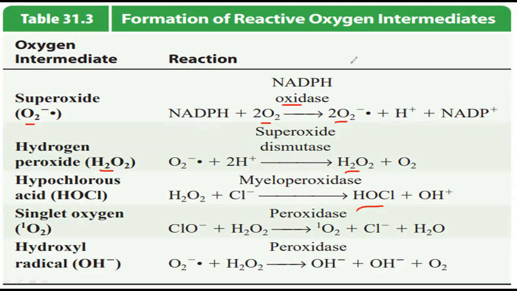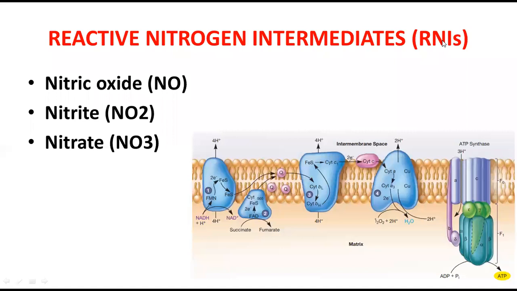Okay, so keep this fifth step in your mind, that intracellular digestion can also be performed in this way. The sixth type of intracellular digestion is known as reactive nitrogen intermediates.